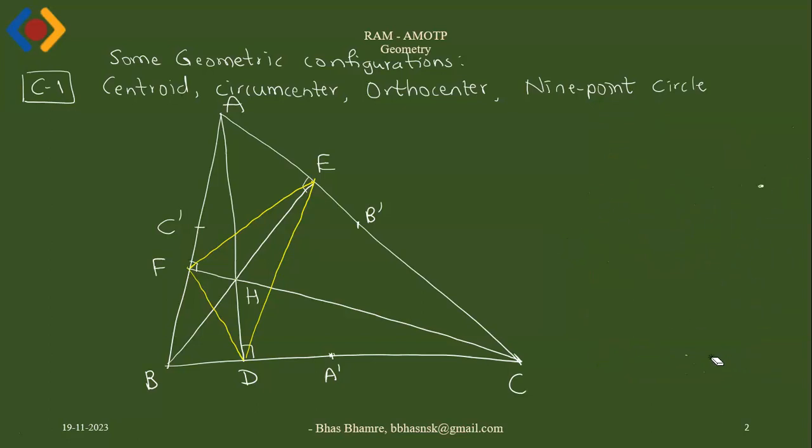Some very common notations: G is the centroid, H is the orthocenter, A prime is the midpoint of BC, and similarly the others.